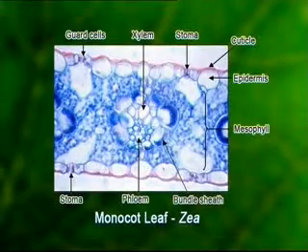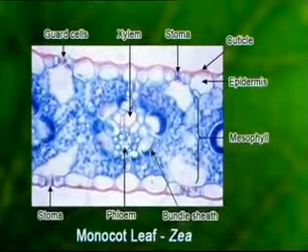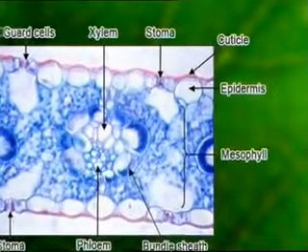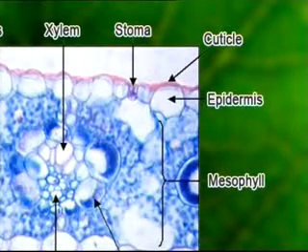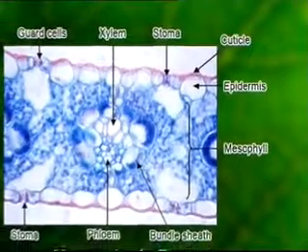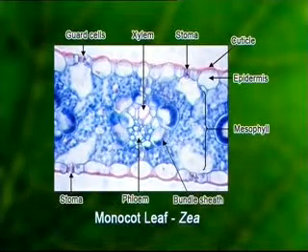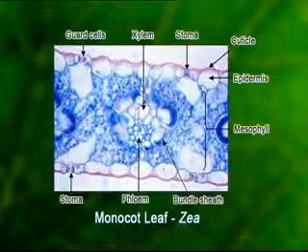The leaf of dicots is therefore called dorsiventral leaf because of tissue differentiation in the interior of the leaf. In monocot leaves, there is no demarcation of mesophyll tissue into palisade and spongy. Hence, the monocot leaf is called isobilateral leaf, meaning a leaf having two equal sides.